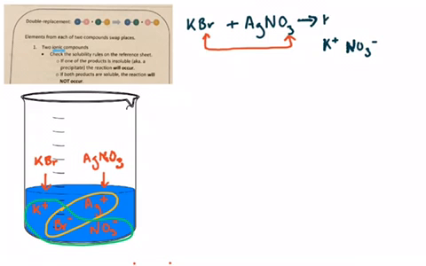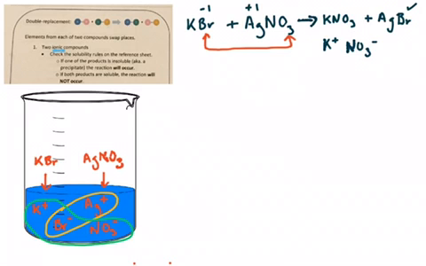So one of our new products will be KNO3. Now for our other one, if silver is +1 and bromine is -1, again those are just ionic charges based on the periodic table, the new compound that will form will also be in a 1-to-1 ratio, AgBr. And if we check to see if it's balanced, it is, so that's great.